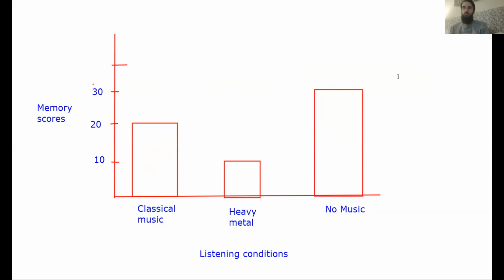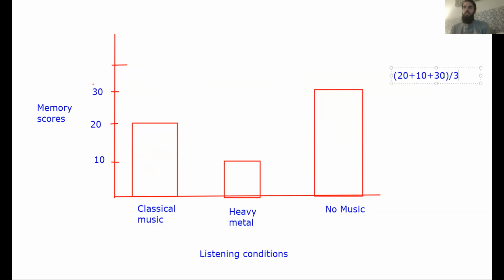Now, to think about what it is, I'm going to do something. I'm going to calculate the average of these averages. I'm going to add 20 plus 10 plus 30, and I'm going to divide those means by 3.